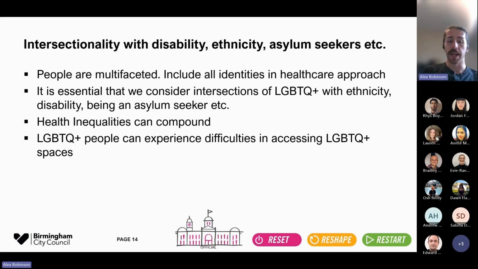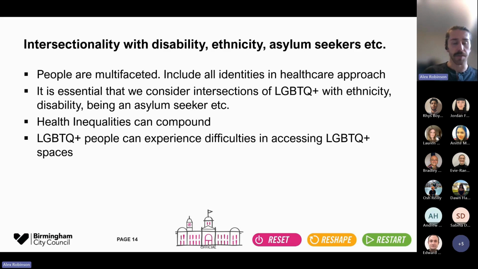So for example, many LGBTQ plus asylum seekers can experience exclusion both from their home country and communities around that, including their families, but might also experience isolation from the LGBTQ plus community in the home country. So it's this kind of compounding isolation where you feel like you don't fit into either group.